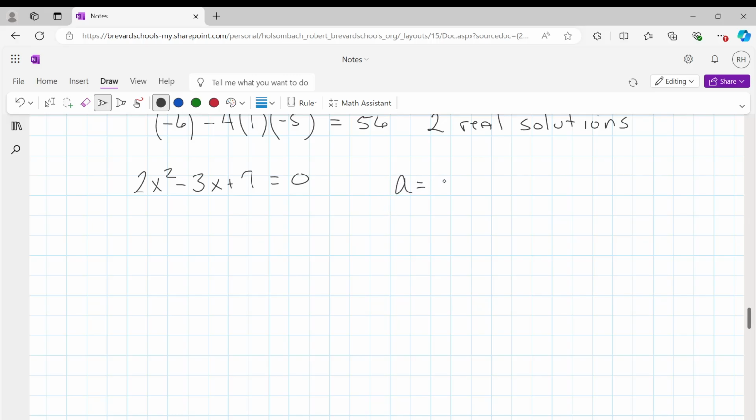We got the A. What's the A equal to? And the B is equal to? And C equals. So B squared minus 4 times A times C equals.